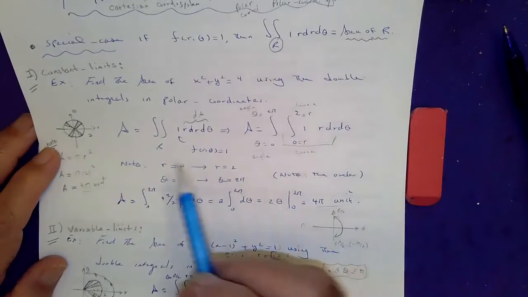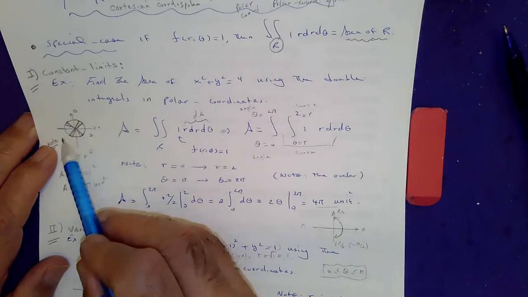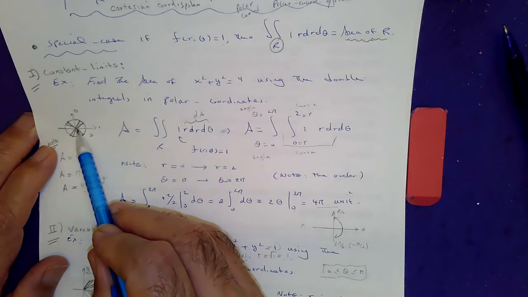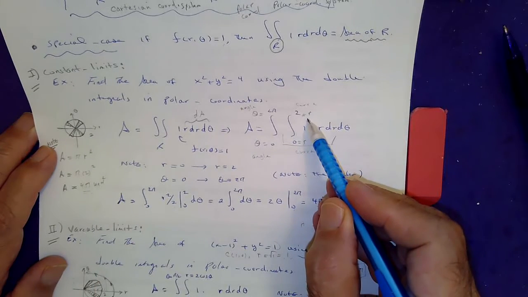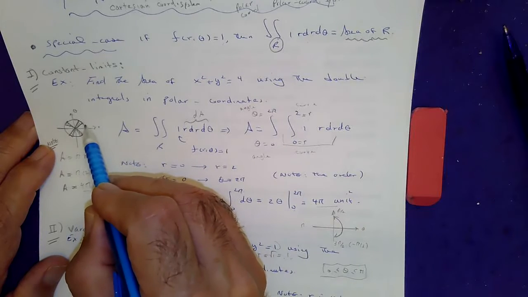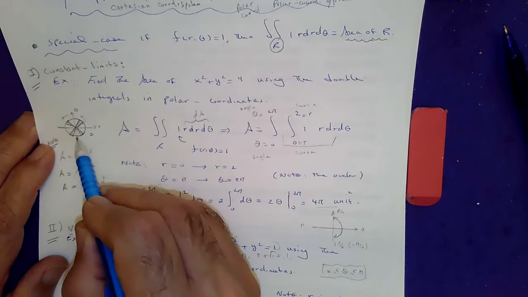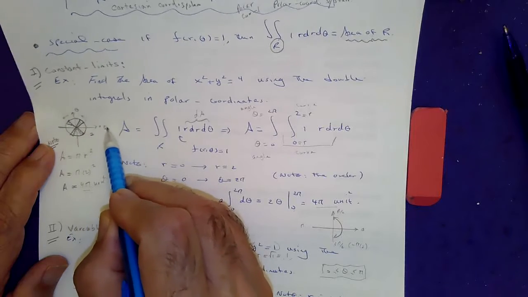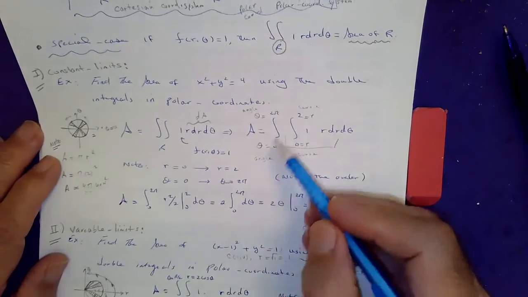And guess what? r never changes, rain or shine, no matter where you take your slice, it always goes from the pole to the circle, which is what? r goes from 0 to 2. And theta goes all the way from 0 to what? Remember, we always go counterclockwise, from 0, which happens to be right here, back to 2 pi, which is the same axis.